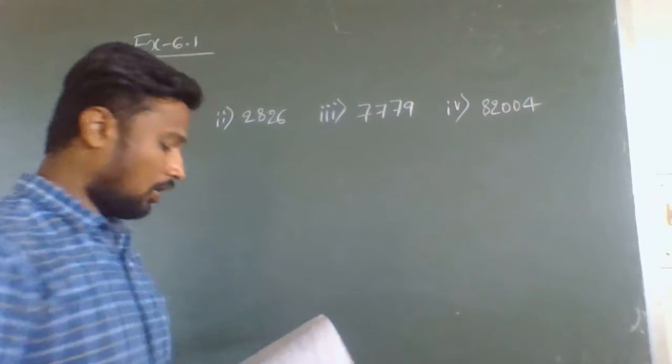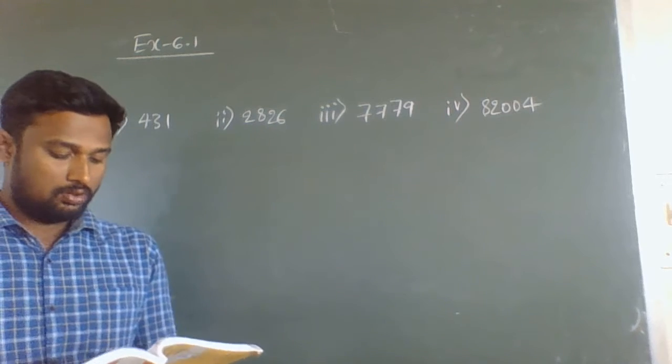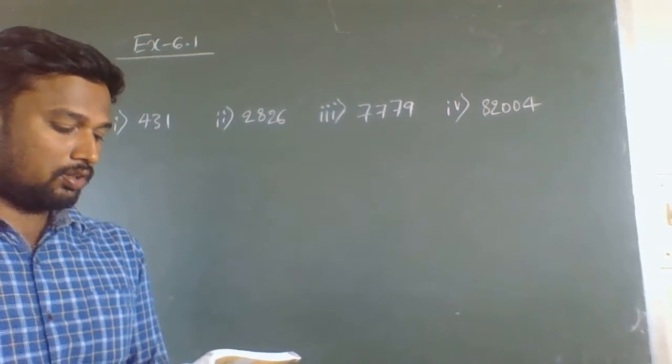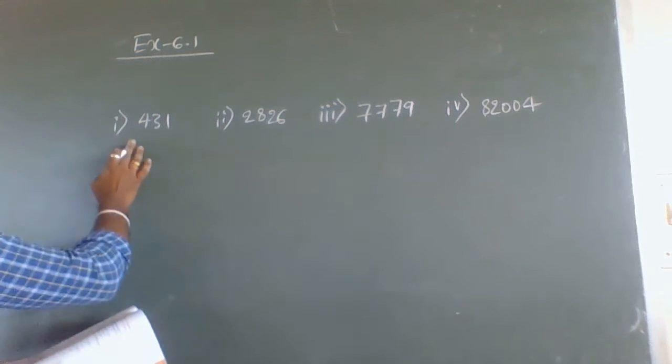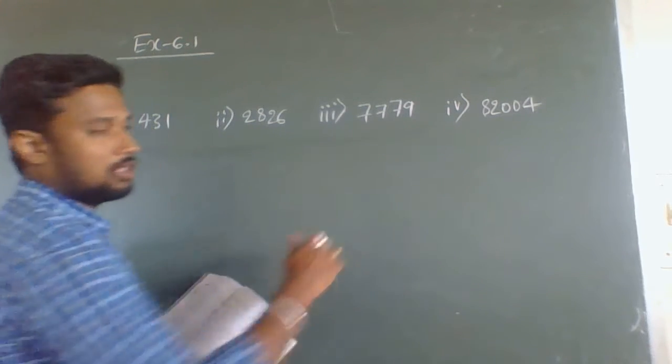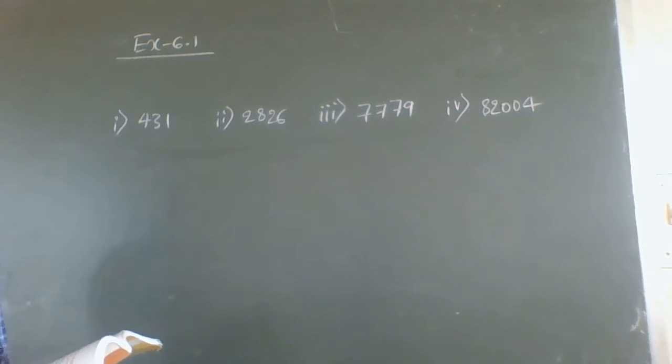So here we have to mention the square of which of these numbers will be an odd number. So here the first one is 431.